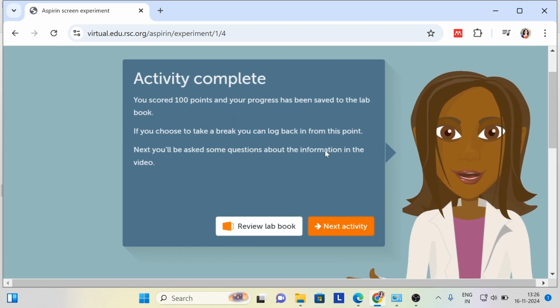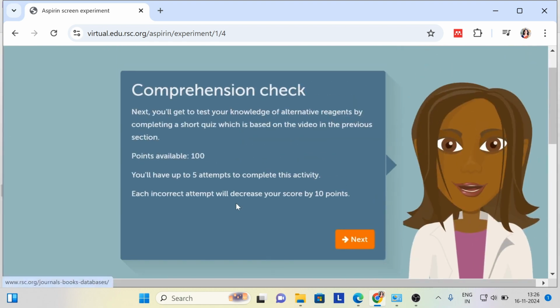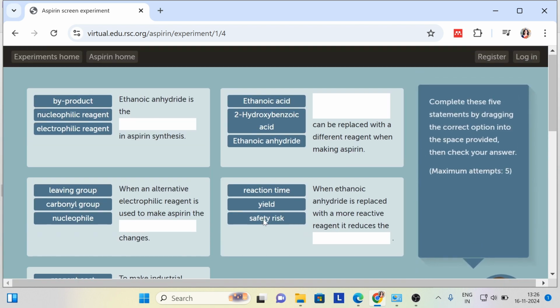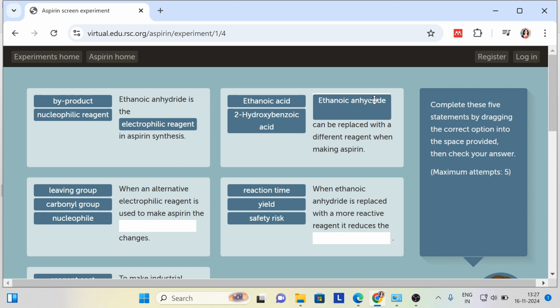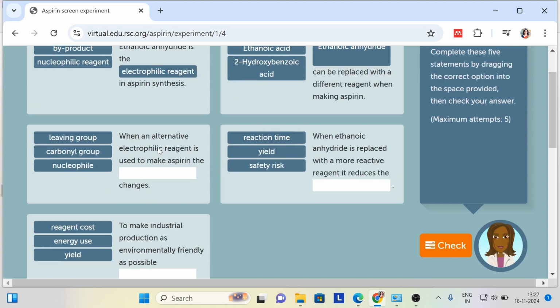Let us go to the next activity, comprehension check. Now based on the video they are going to ask you questions. Ethanoic anhydride is the electrophilic reagent in the aspirin synthesis. Dash can be replaced with a different reagent when making aspirin. Ethanoic anhydride can be replaced when an alternative electrophilic reagent is used.